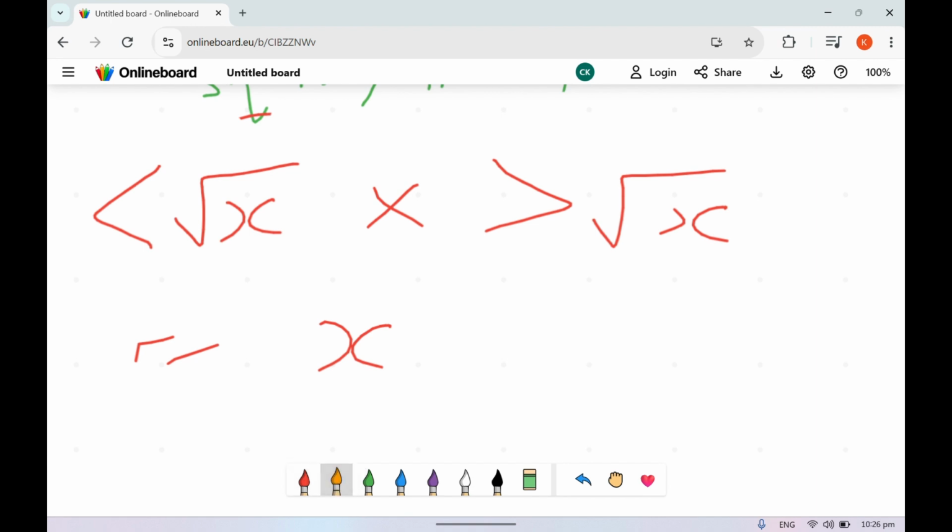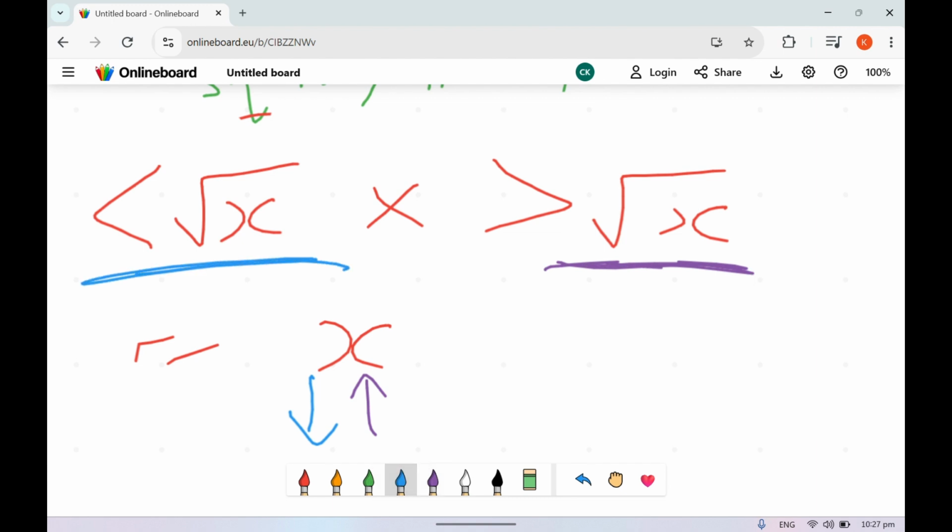It has a possibility of being true. Because this is smaller than the regular, which will decrease the value of x. This will increase the value of x. This one will increase, this one will decrease. So this will create a sort of balance, and it's possible for this, right?